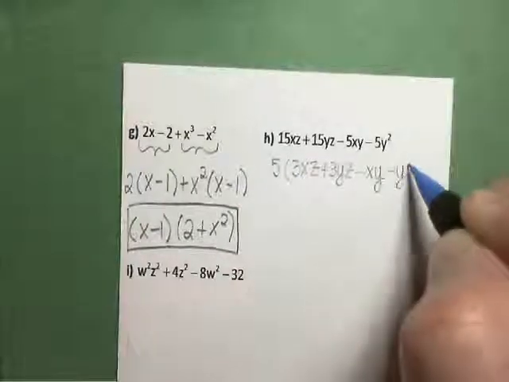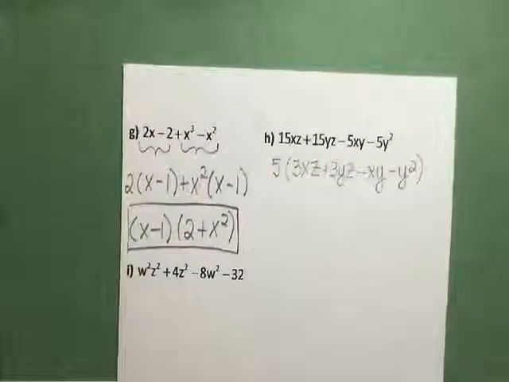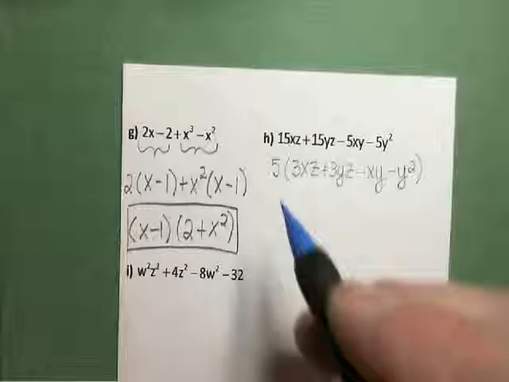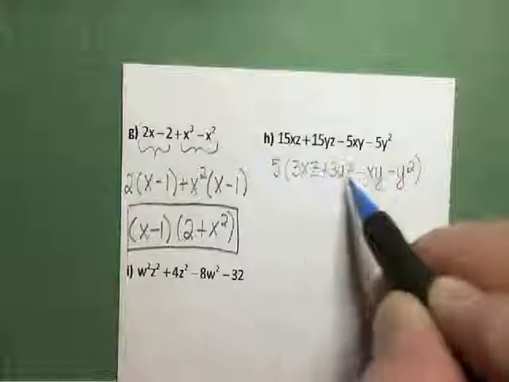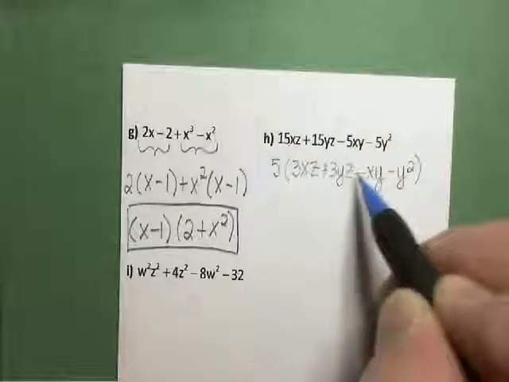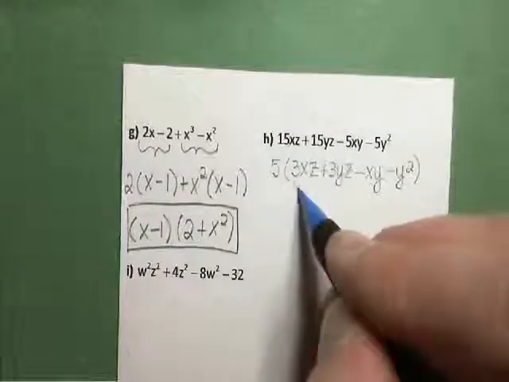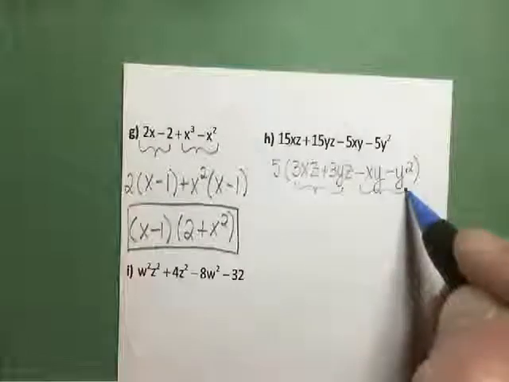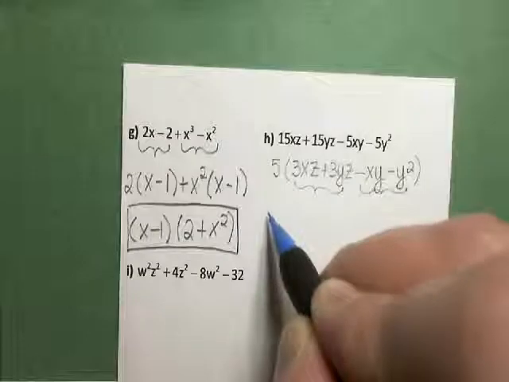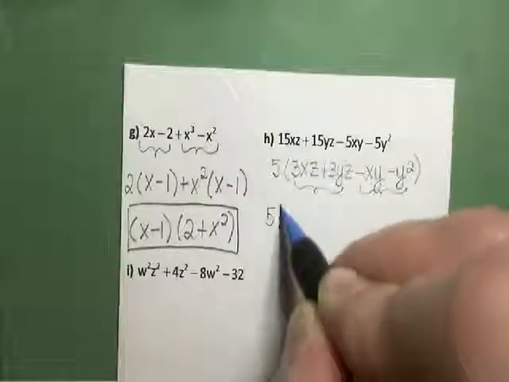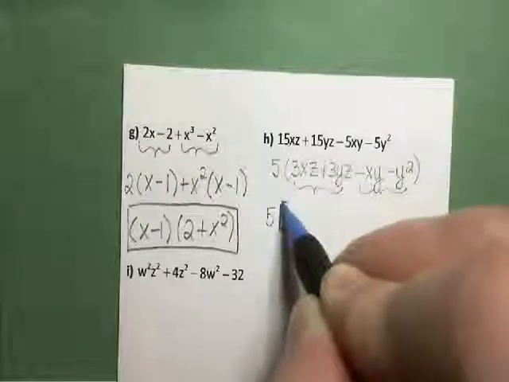Alright. We're going to keep this 5 on the outside, but we're going to try to factor this even more if we can. So let's try by grouping. Is there anything I can factor from the first two? And the answer is yes. So let's go ahead and write the 5 and put a bracket here, because we're going to do our factoring by grouping over here.